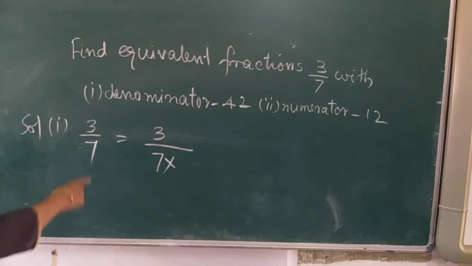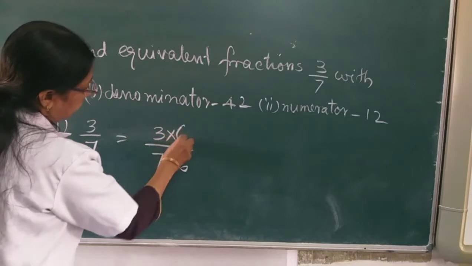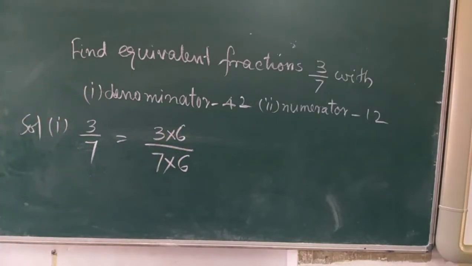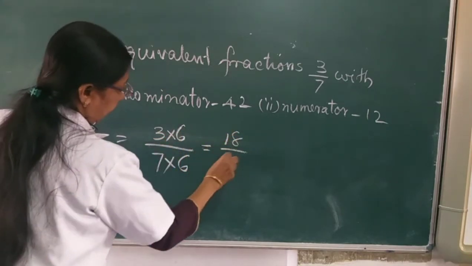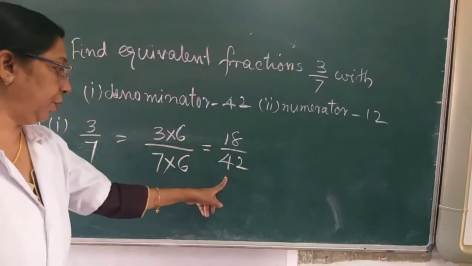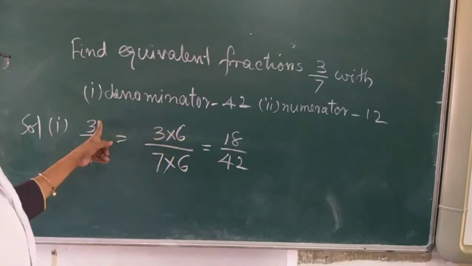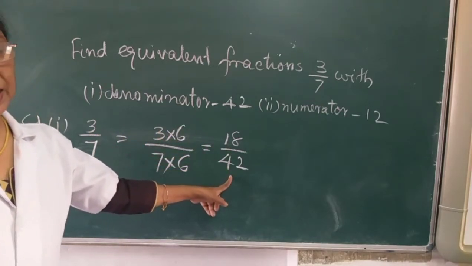Find out the number. 7 into which number is 42? Is it 6? 6 into 7 is 42. That is the number to multiply both numerator and denominator. Now it is 6 into 3, 18. 18 by 42 is an equivalent fraction of 3 by 7 with denominator 42.